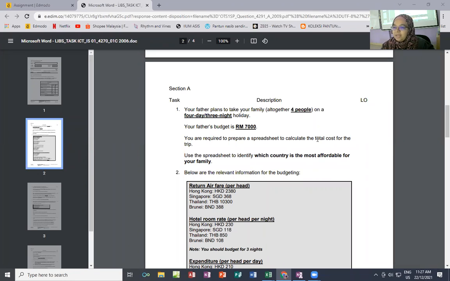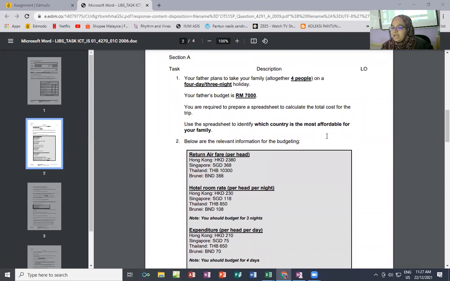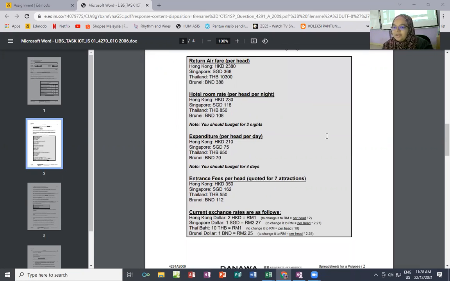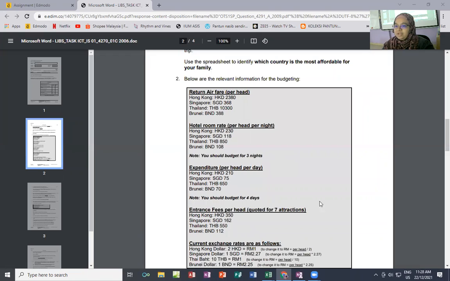How many are going for the holiday? 4 people are going for how many days and how many nights? What is your father's budget? So what does your father want to know? Which country is the most affordable for your family? So below are the relevant information here.